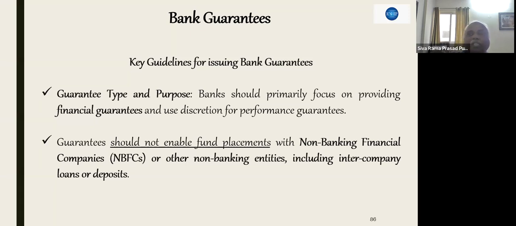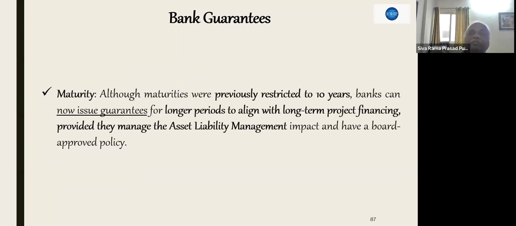Otherwise, normally the banks will not give performance guarantees. A guarantee should not enable funds placement with non-banking financial companies or other non-banking entities, including interbank loans, etc. For this purpose, banks should not give any guarantees.